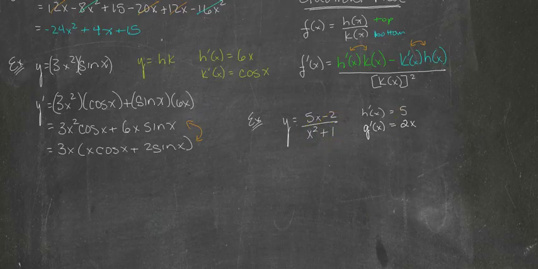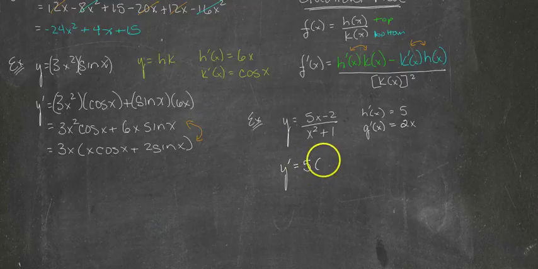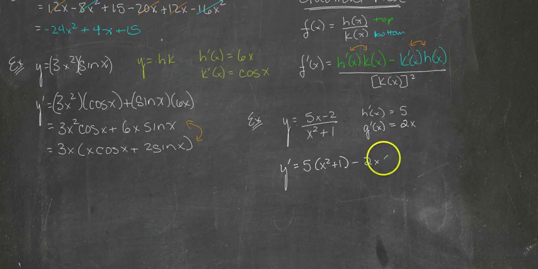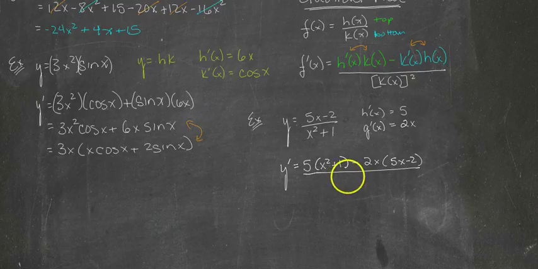Okay, so I have all my parts. Now let's put it together. The y prime equals the derivative of the top, 5, times the bottom as is, x squared plus 1, minus the derivative of the bottom, 2x, times the top as is, all over the bottom squared.